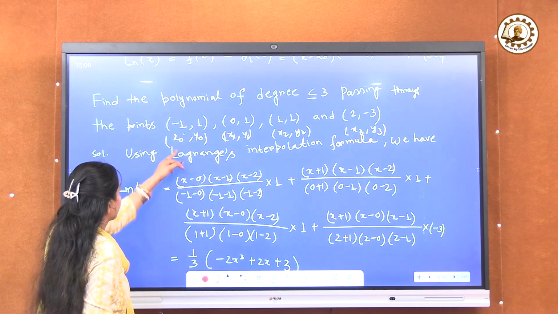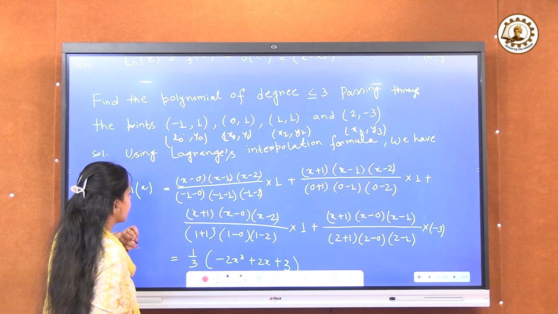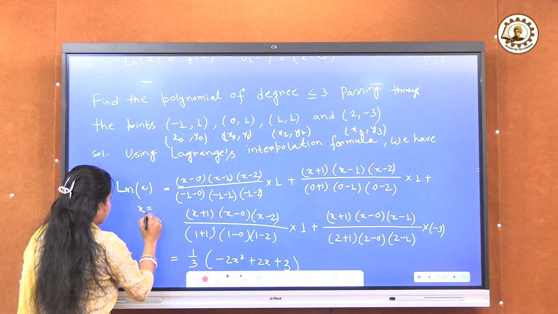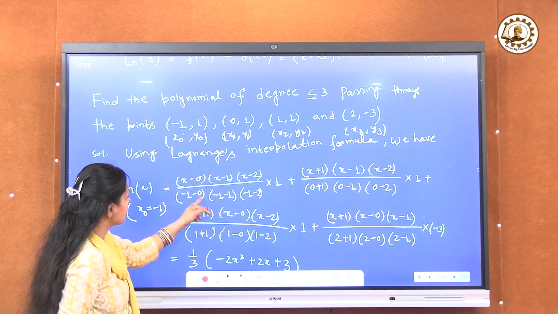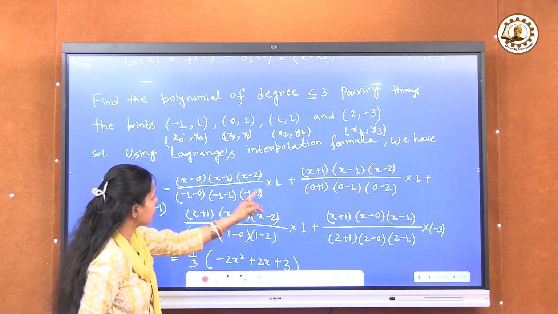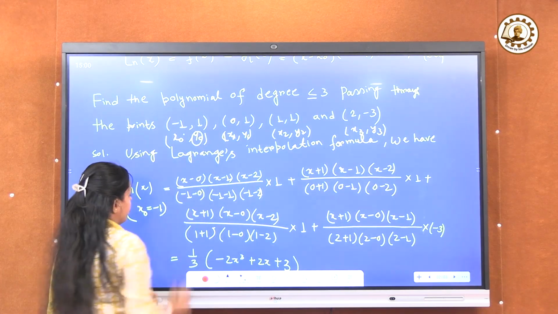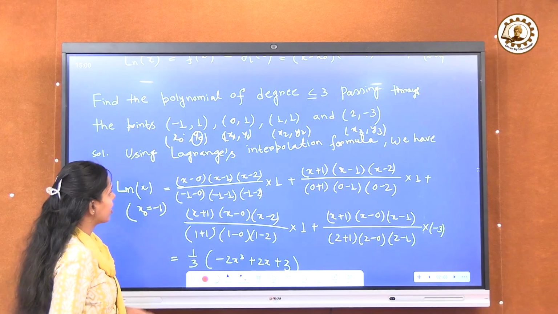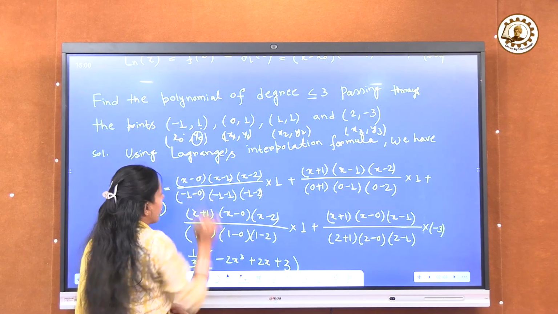Then we divide by the values with x0 substituted. What is x0? Here it is minus 1. So (minus 1 minus 0), (minus 1 minus 1), (minus 1 minus 2), multiplied by y0, because in Lagrange's interpolation formula each term is times y. So y0 is given as 1.